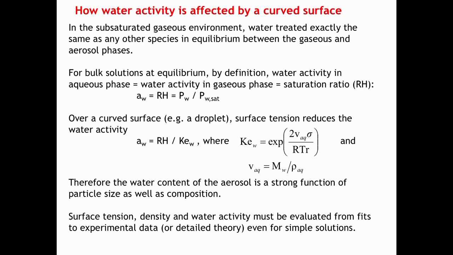So at 90% relative humidity, the activity equals 0.9. The mole fraction will be close to 0.9. As you get to 70% relative humidity, 60% relative humidity, the deviation between the mole fraction and the activity becomes greater.